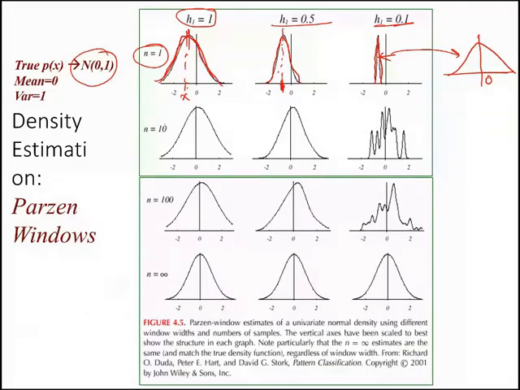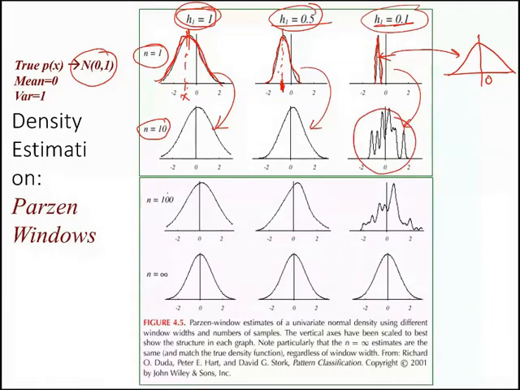Now suppose instead of one sample I take 10 samples, and again I have different window widths, say h equal to 1, h is equal to 0.5 and h is equal to 0.1. You can see that for h is equal to 1 compared to the previous, this is a better estimation, but when you go to lower h values, you can see a lot of disturbance is coming here.